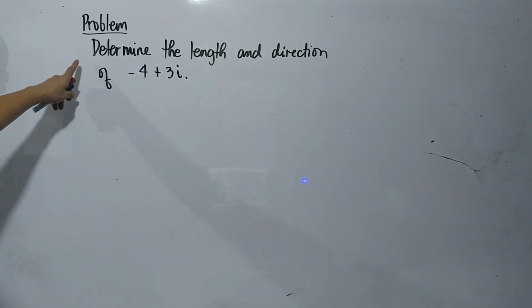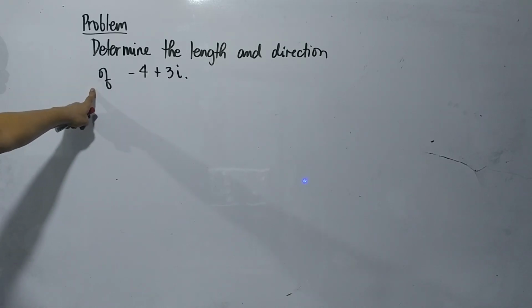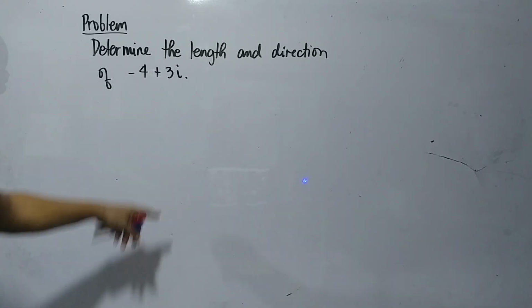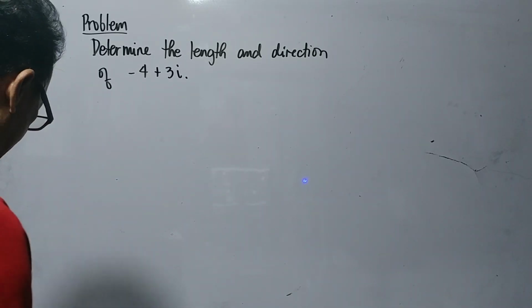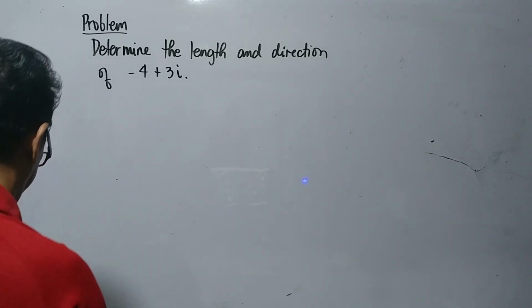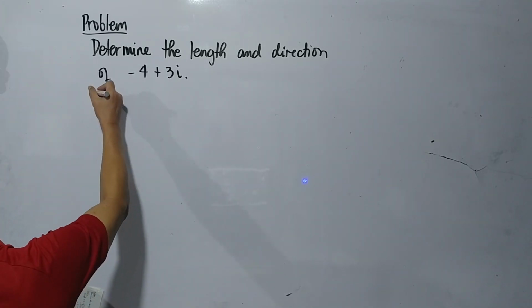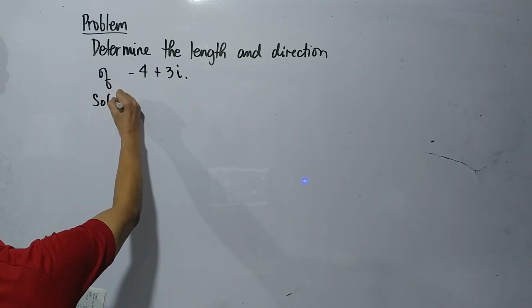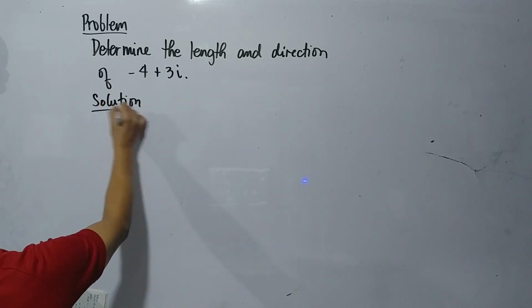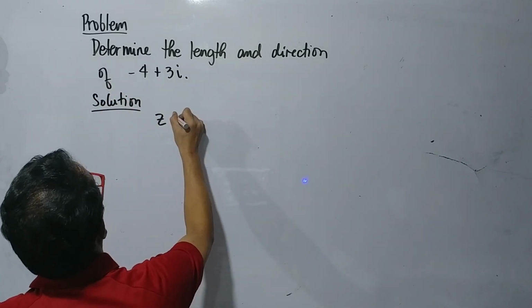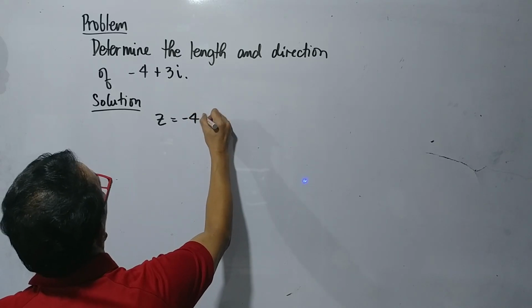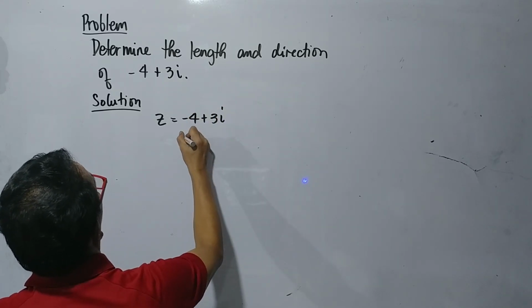For our next problem, determine the length and direction of negative 4 plus 3i. So to solve it, we have z equals negative 4 plus 3i.